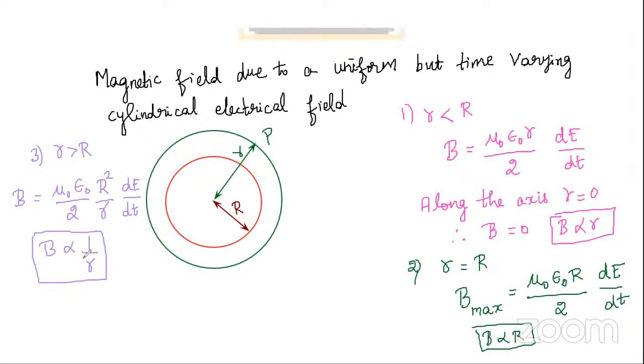So when you plot the magnetic field along the y-axis and small r along the x-axis, how will you show the variation? It is actually similar to the variation of electric field with respect to distance, and we have discussed that also.